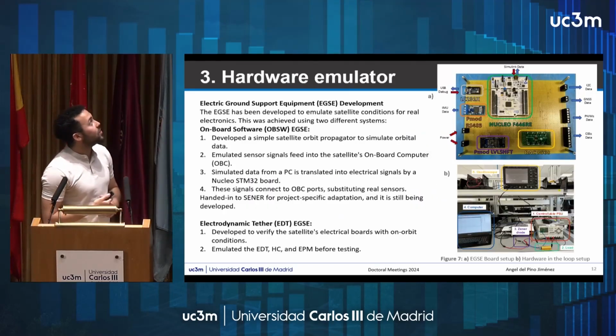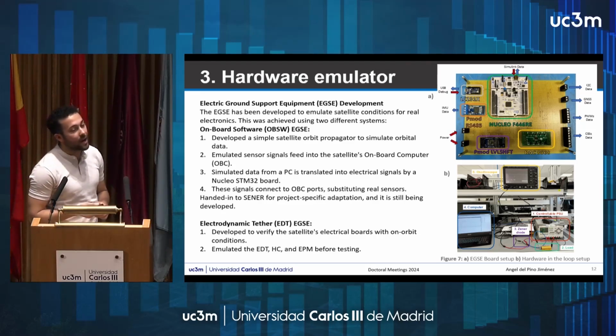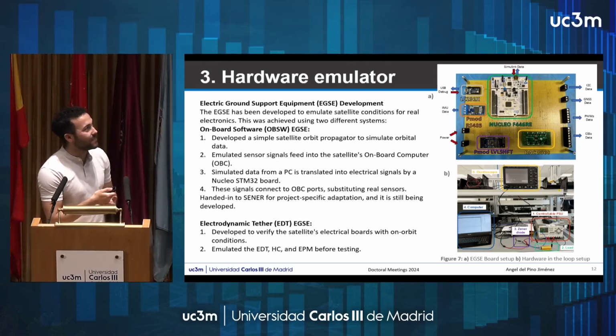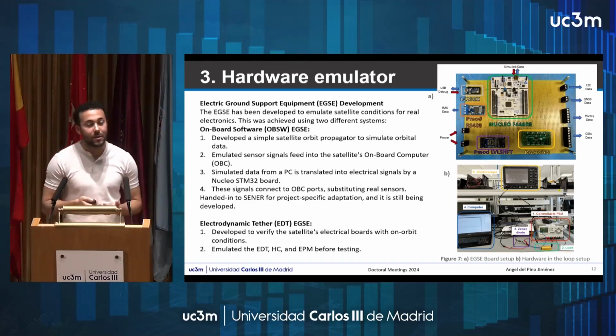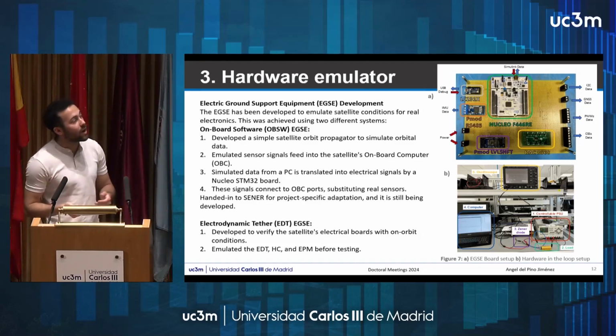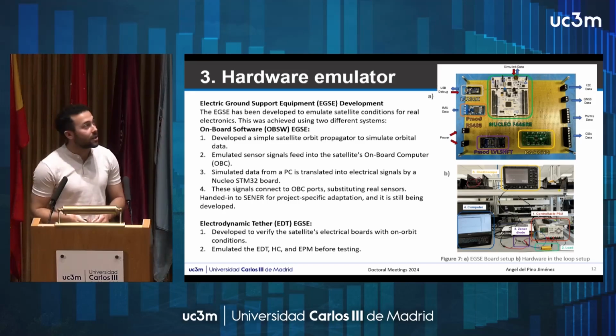Now, if we move to the hardware emulator, we have built this electric ground support equipment in two main parts, I might say. One is the emulation of the data from the sensors of the spacecraft, and the other one is the electrodynamic tether itself.